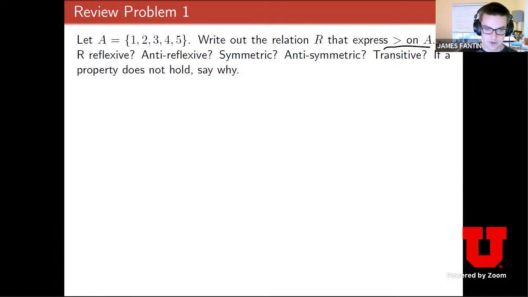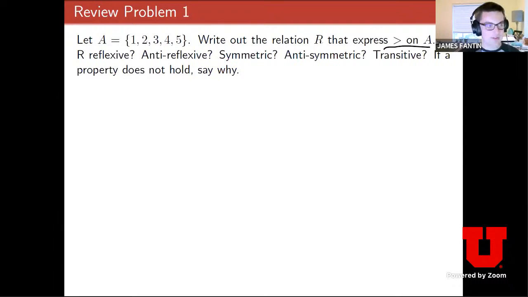So let's first try to figure out how to construct this relation. We'll just be doing it element-wise, so we'll just be creating the ordered pairs, or just the pairs of elements.